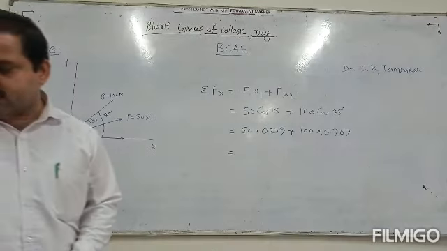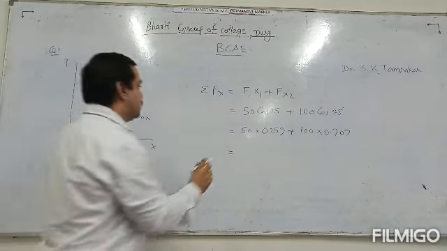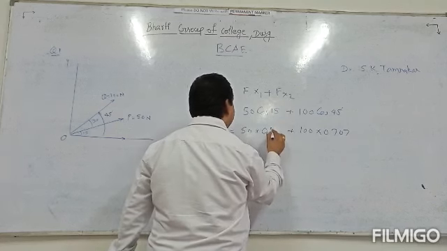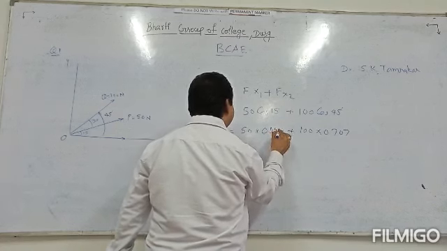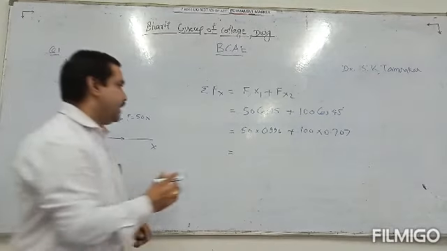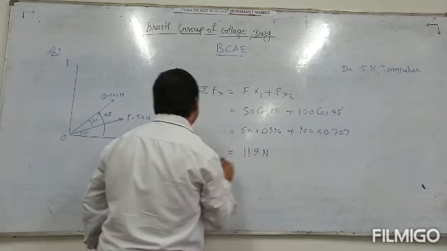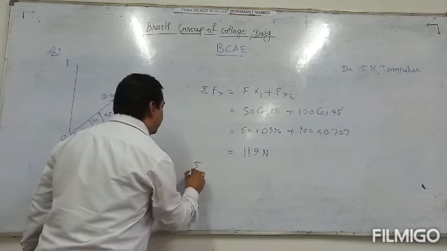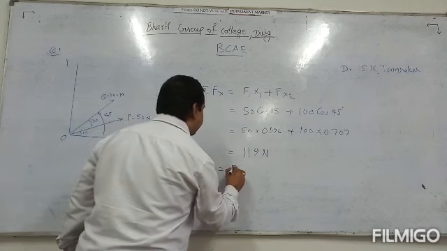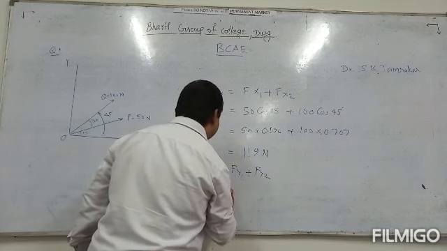This value comes 119 Newton. Now finding out the summation of Fy, that is equal to Fy1 plus Fy2.